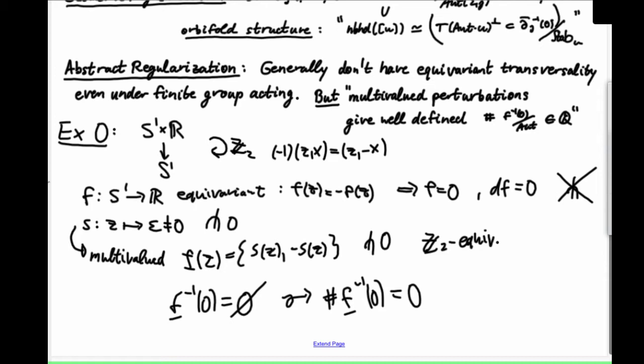And now you could go in and try to do other things. Instead of this constant s, I could have tried something that has like 2 transverse zeros, like a sine function. I double it up, I would get somehow each one of these would have 2 transverse zeros. But again, each one of them also, the signs of the 2 zeros already add to 0, so this is not a place where we're going to see rational numbers come.